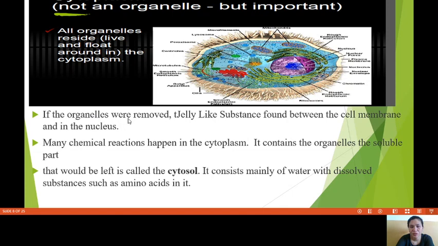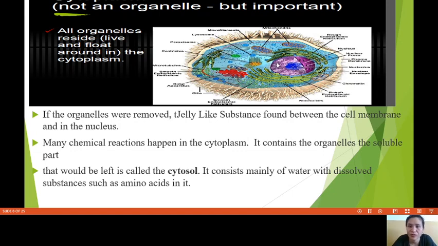If the organelles were removed, what remains is the jelly-like substance found between the cell membrane and the nucleus. Many chemical reactions happen in the cytoplasm. The soluble part that would be left is called cytosol. It contains a lot of water with dissolved substances such as amino acids.